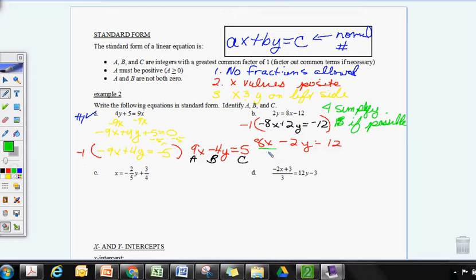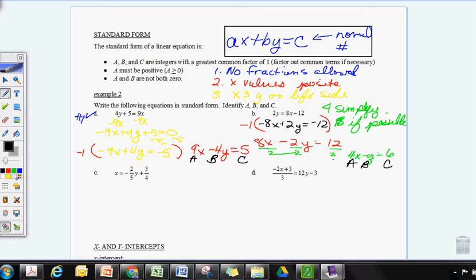Everything's divisible by 2, so my final equation becomes 4x minus y equals 6. So my a value becomes 4, my b value becomes negative 1, and my c value becomes 6.